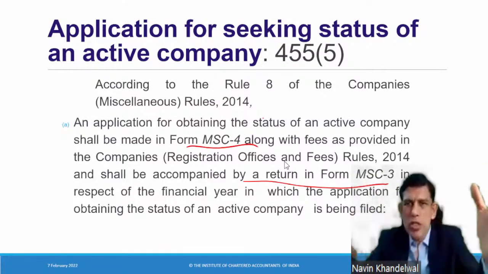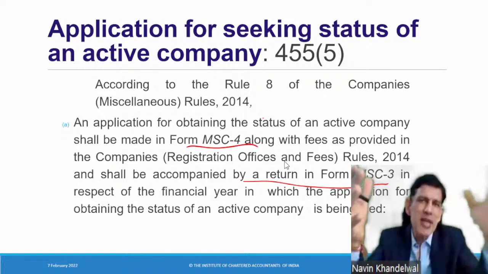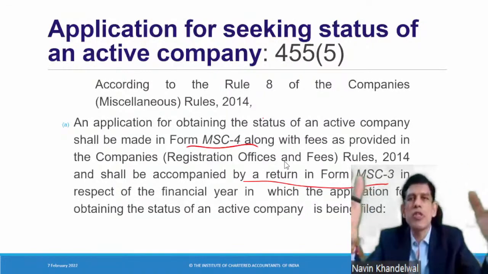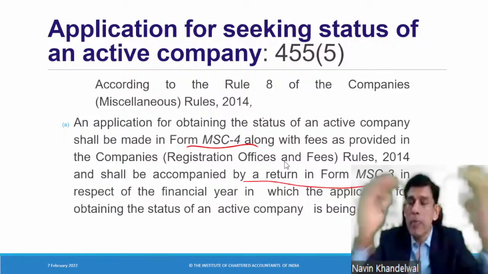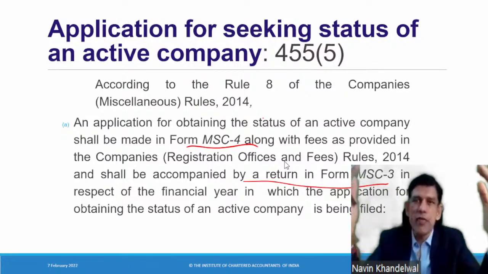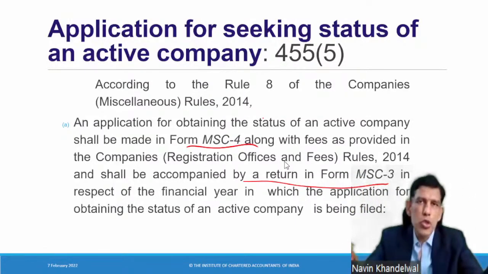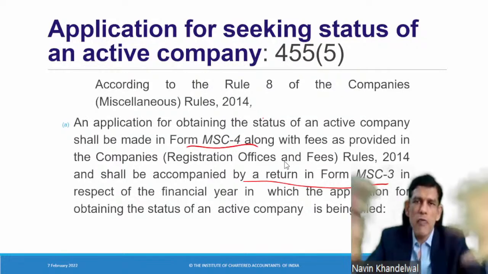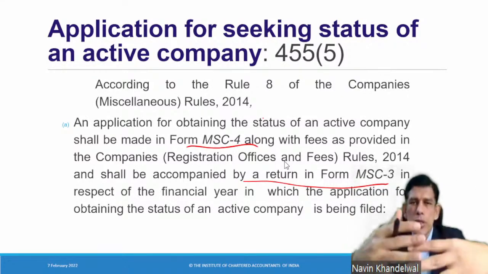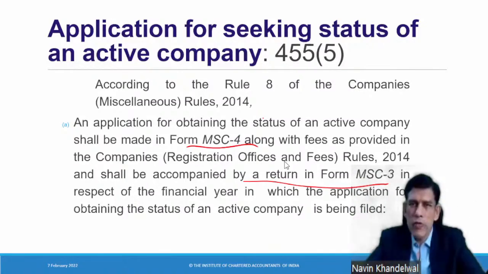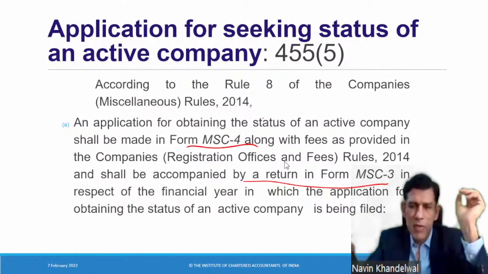So when you read all these laws, you will understand what type of information you get when you do a search of a particular company, and what you have to keep in mind when you're dealing with that company. So you should not deal with a company which has been struck off. You should not deal with a company which is dormant, because that will be a violation of the law. Not from your angle, but from that company's angle.